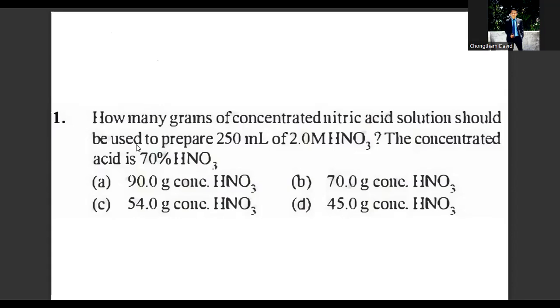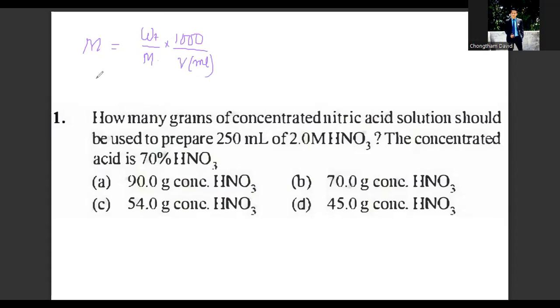You know the relation between molarity, mole, and volume. By definition, molarity is the weight of the solute dissolved in 1 liter of the solution. So the number of moles of the solute will be written as weight by molecular mass, into 1000 if it is in ml, divided by volume in ml.